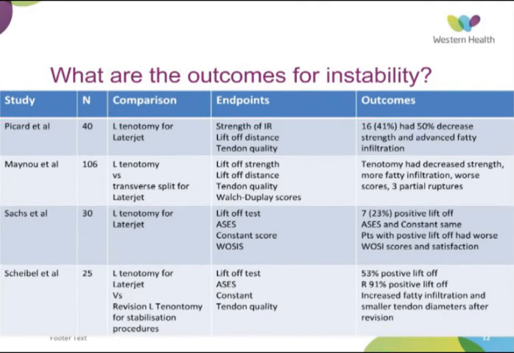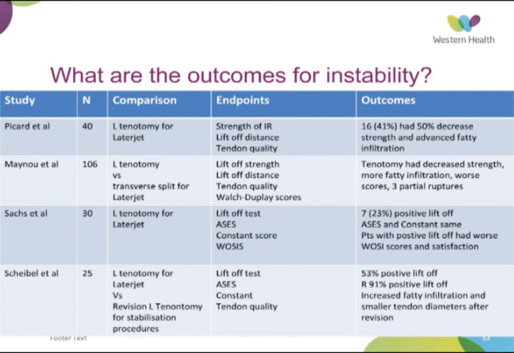In general, I think it's fair to say across all these studies, those that looked at tendon quality noticed an increase in fatty infiltration of the tendon and smaller tendons using a complete tenotomy versus using a transverse split where the fibres aren't incised transversely.